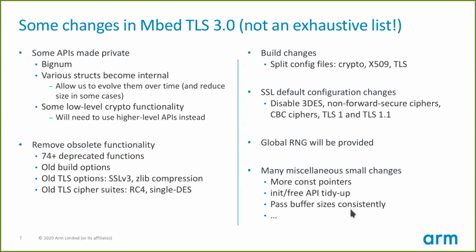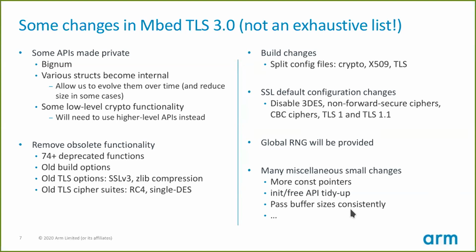We're also going to remove some functionality which made sense at some time, but doesn't really make sense in 2020 anymore, like deprecated TLS options, like compression that's been deprecated since the CRIME attack, and we're going to remove it from the library.